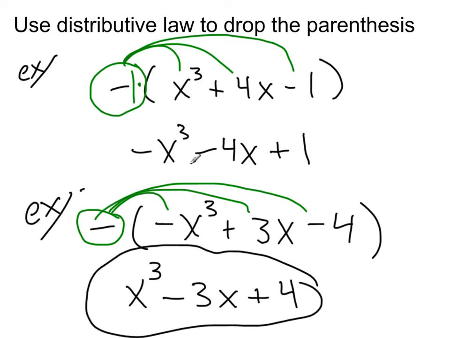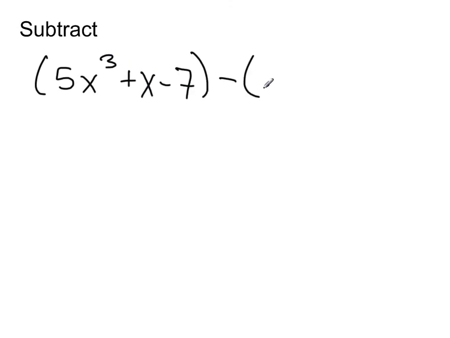This is powerful because when we have to subtract, let's start off with a nice polynomial. We have 5x cubed plus x minus 7, minus the polynomial 2x cubed minus 4x plus 3.